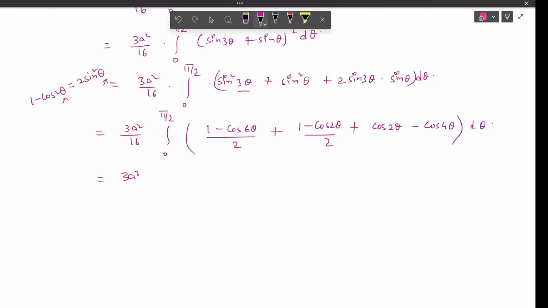So this would be 3a square by 16, 0 to pi by 2, and if you take 2 common here, it will be 3a square by 32.